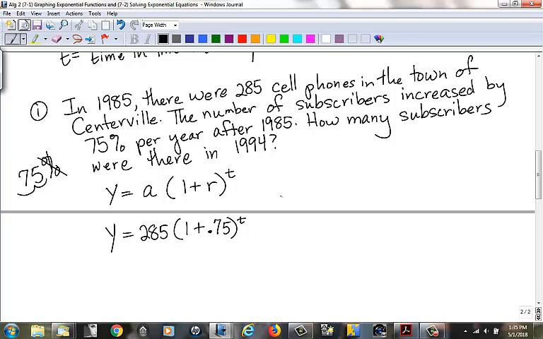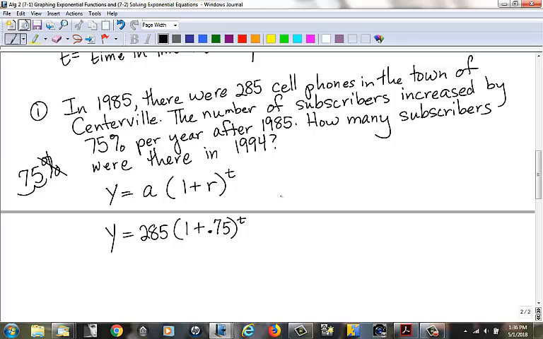So on your calculator, clear out that other equation and put in 285 and then times the quantity. And you could go ahead and add those 1.75, or you can put in 1 plus 0.75 too, and raise it.